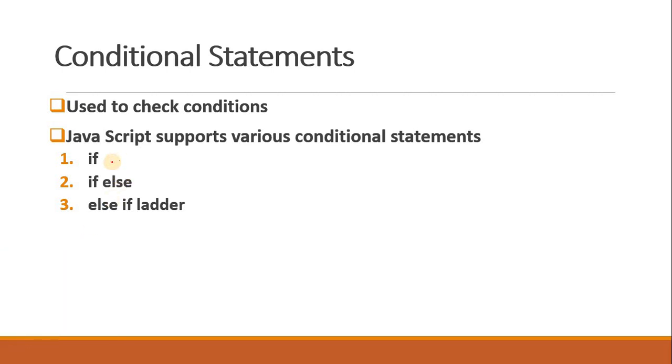If we want to compare only a single condition, then we use the if condition. The second type is called the if-else conditional statement. If some condition is true, we perform some operations, and if we want to perform some other operation if the condition is false, then we use the if-else.